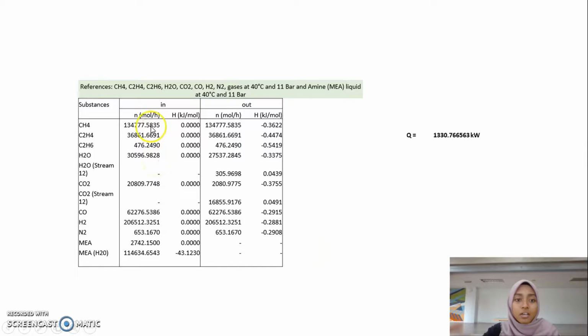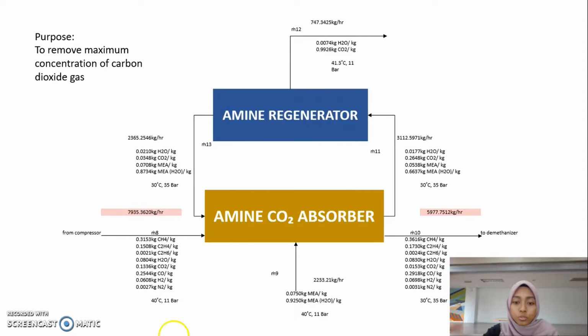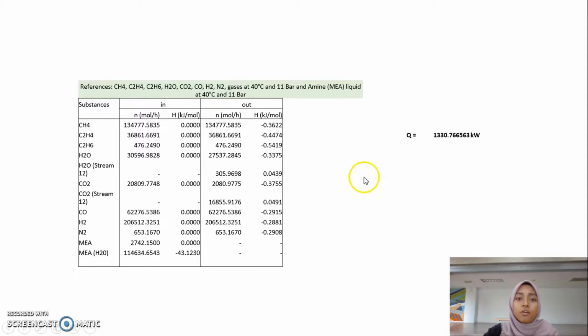Due to that, I will obtain zero change of H in the inlet stream, except for amine. I calculated it and got negative 43.1230, due to the change of temperature and also the change of phase.